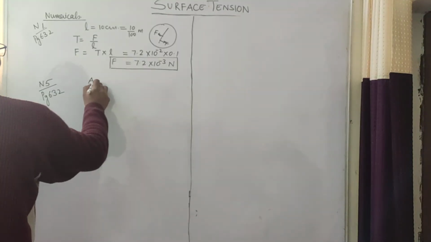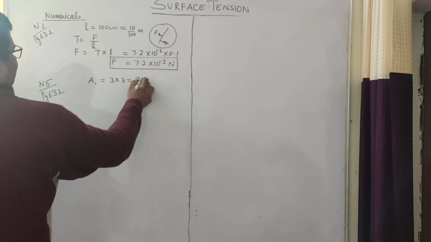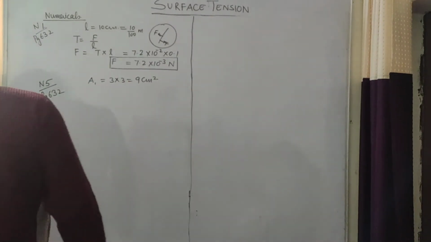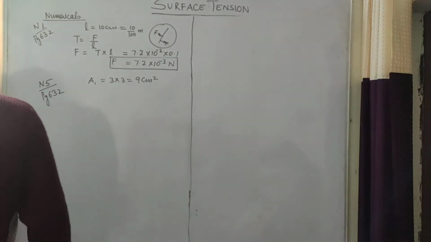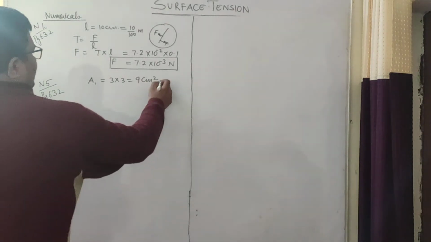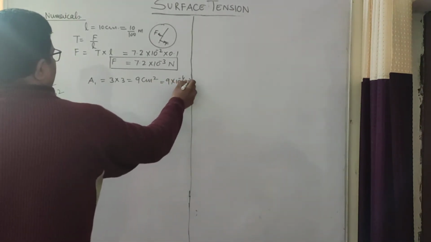So area A1 is 3 into 3, that is 9 centimeters square, or you can write it as 9 into 10 to the power minus 4 meters square.